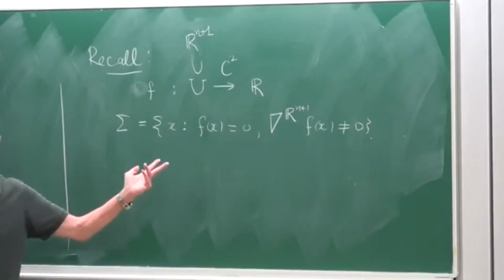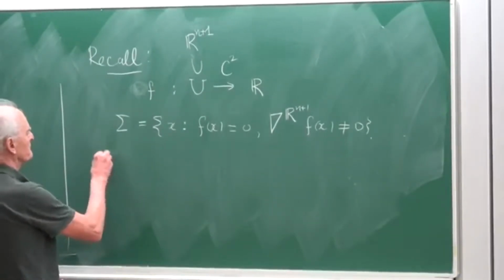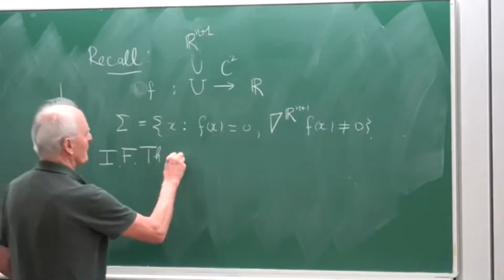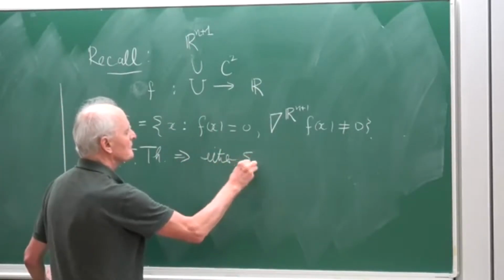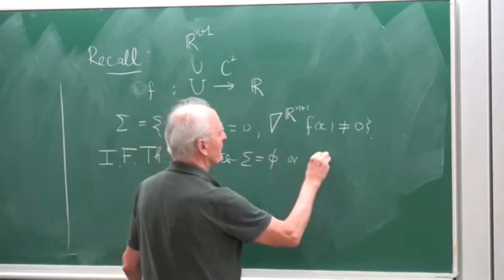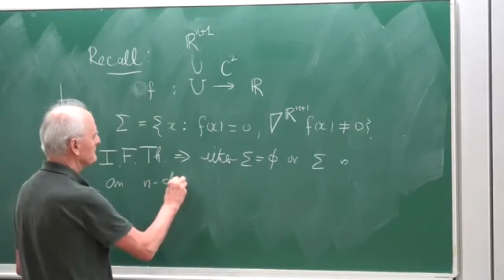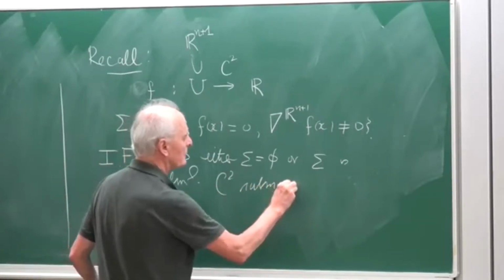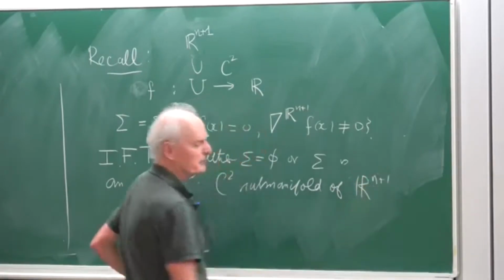Now you remember we discussed that when we were talking about the co-area formula, and we pointed out that the implicit function theorem implies that this is either empty or sigma is a C2 submanifold, an n-dimensional C2 submanifold of R^(n+1). Remember that?